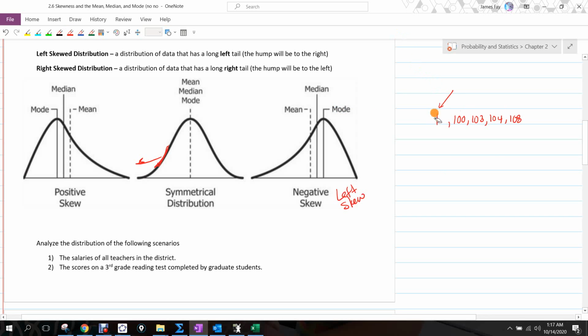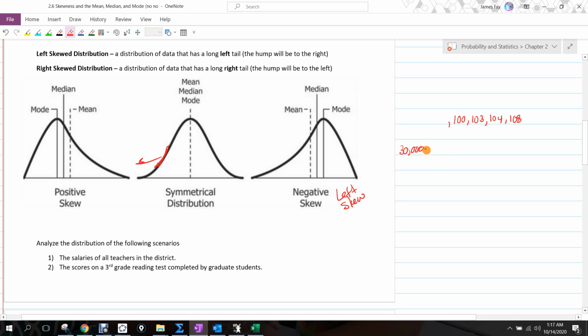Now, we did this yesterday. I think we had a situation where people were making like $30,000 in this town of 50 people, but one of those 50 people made 5 million.